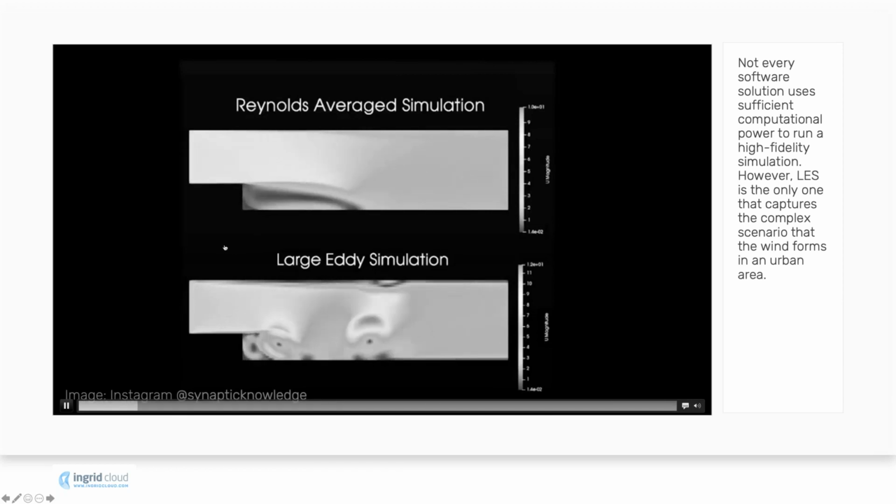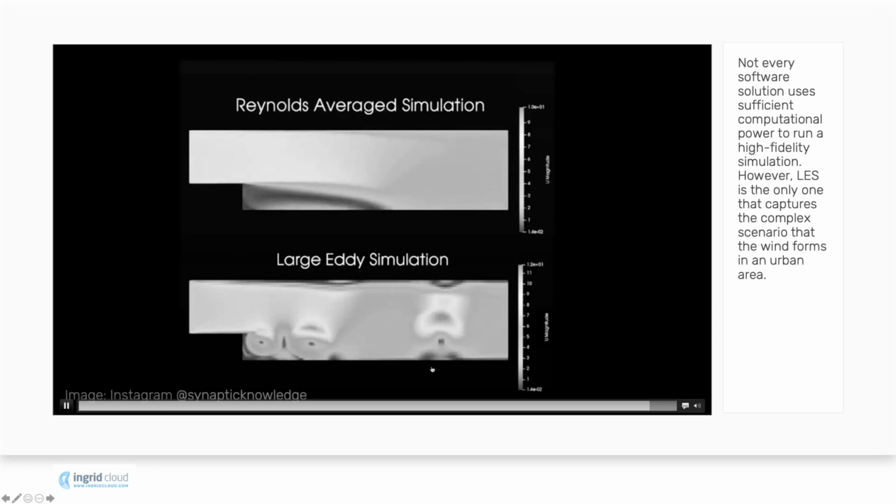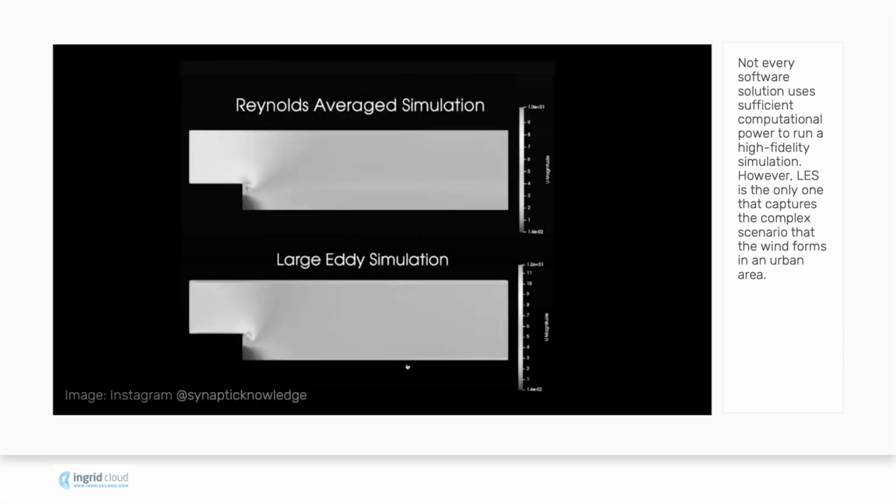But since wind is turbulent, it's better to use LES. This is one of the strengths of our platform compared to traditional CFD approaches, that we can use LES, so we can resolve the small scales with high accuracy. This is one aspect which is important when you choose software for wind simulation: what kind of accuracy level do you want, or basically need?